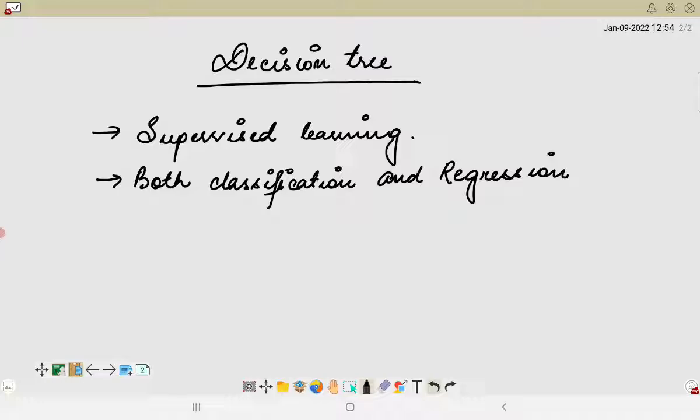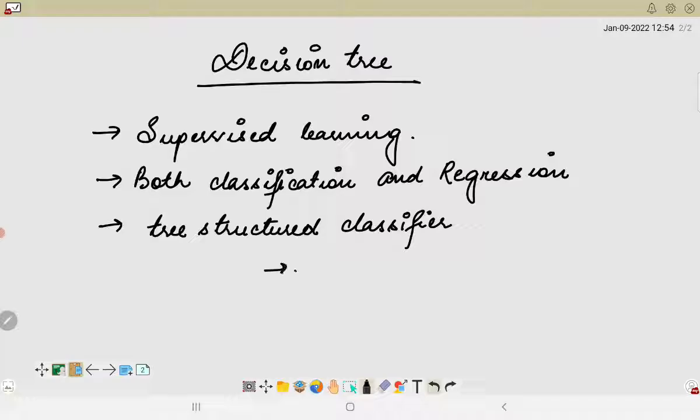Also, from the name itself, we can identify that it is a tree structured classifier. That means whatever classification is done would be in the form of a tree-like representation, where there are internal nodes. These internal nodes represent the features of the data set. So what attributes are we going to consider of a particular data set?